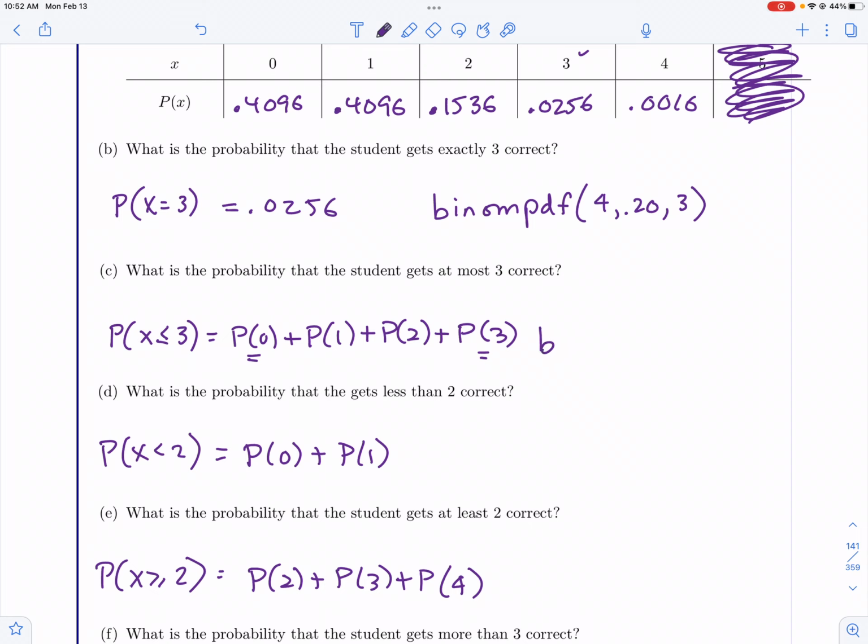So for this one, if we're using binomial CDF, then again, we've got 4 questions. Our probability of success is 0.20, and we want to add the whole way up to 3. So I'd want to type it in exactly like that. And again, my final answer is going to be all 4 of those values summed together. So I don't have to do anything special for that one.